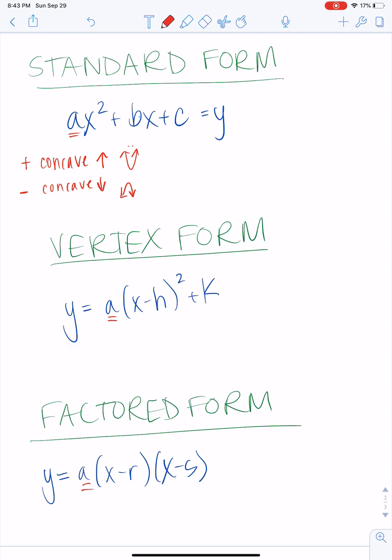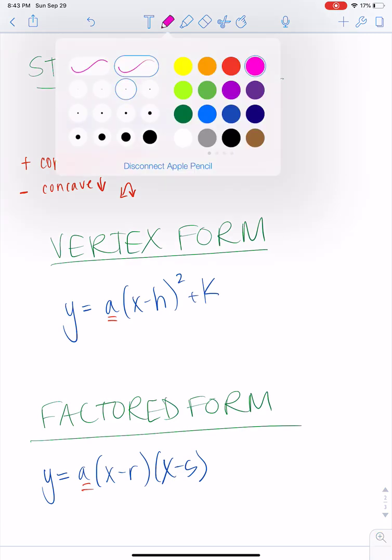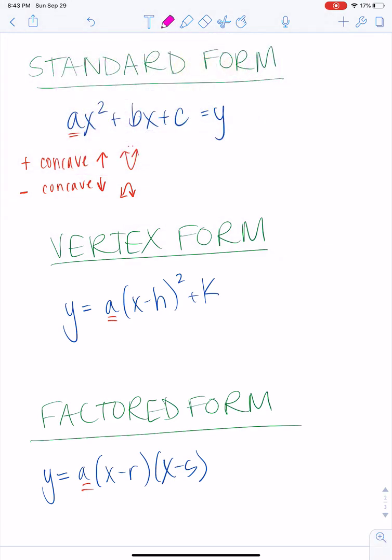Looking specifically at standard form alone, aside from the a value, this c value that's staring right at us here is always the y-intercept of our graph, because if I plug in 0 for x, I'm just left with that c value.